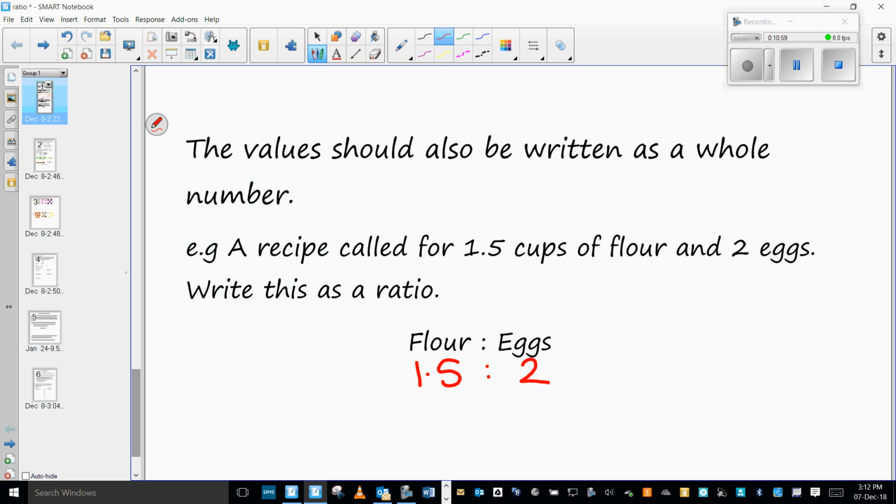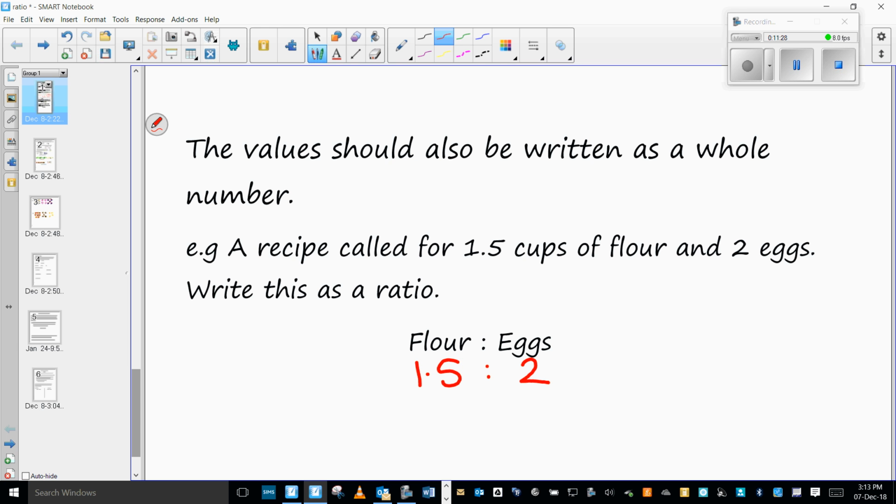Is that for certain ones? No, it should be for all of them. That's for examples. Now, are these whole numbers? One is, the other one isn't. So you've got a couple of choices. What's a quick way of changing this one, which is the one that's not a whole number, to being a whole number?